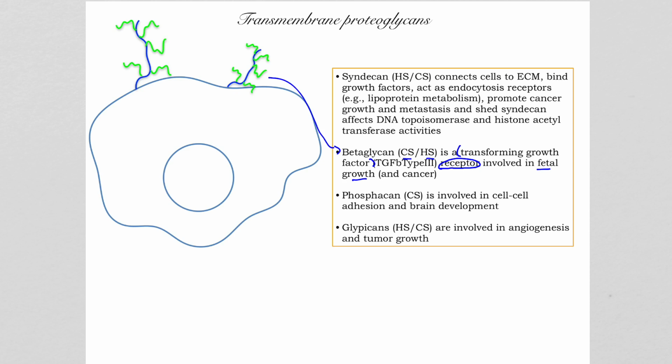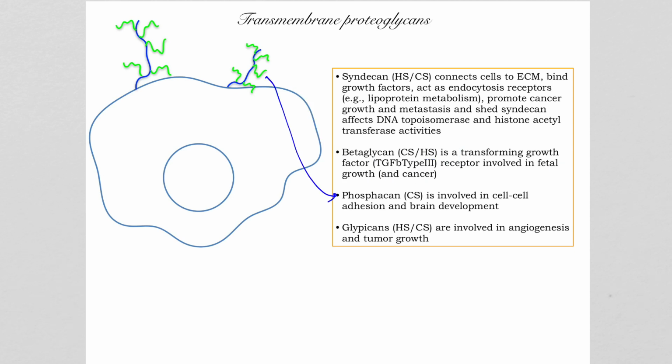And of course, whatever is important for fetal growth, unfortunately, is also used quite often by cancer. Because what are cancer cells? They're basically very fast dividing cells, and that's what we see in a fetus. So a lot of tricks we see in fetal growth are also something we see quite often in cancer.